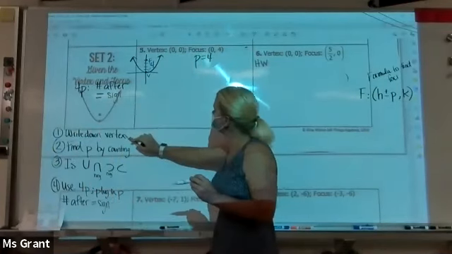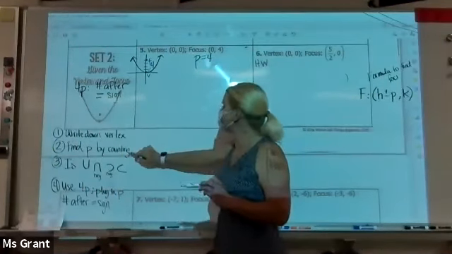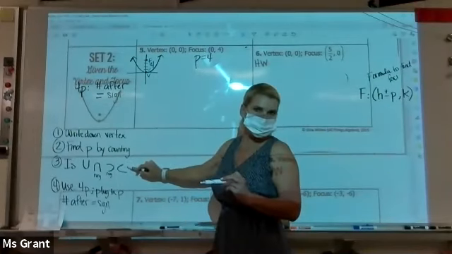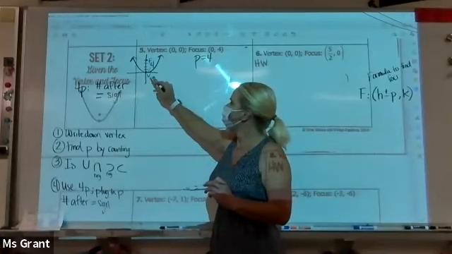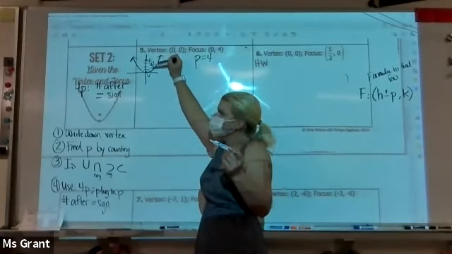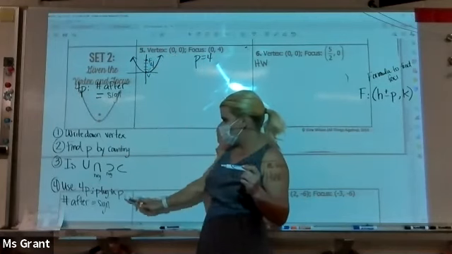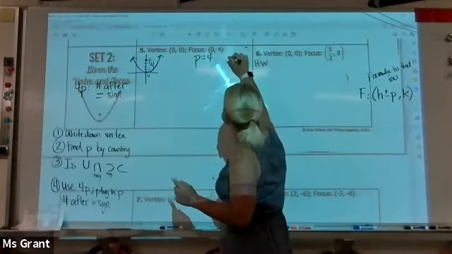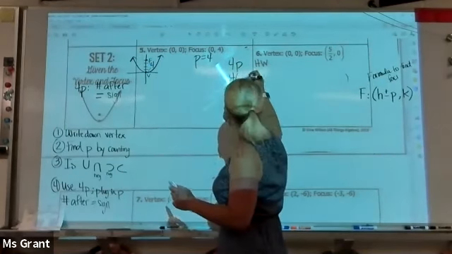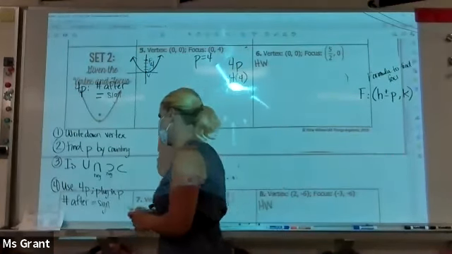Okay, write down the vertex. Got it. Find P. Got it. Up, down, left, right. Since the focus is inside the curve, upward. Use 4P. 4 times 4. Very good.